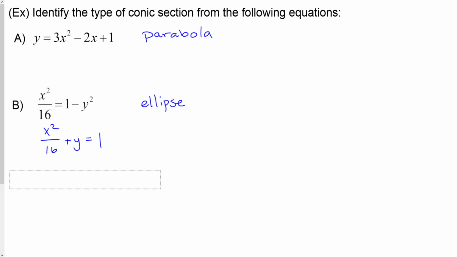But in general form, you have all of your terms on one side. And so those rules only work if both the a and the c term are on one side of the equation. All right, now this is more like in general form. If we look at the a term and the c term, they're equal to one another. So that is going to produce a circle.